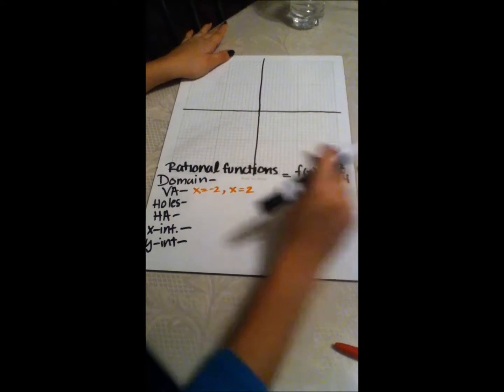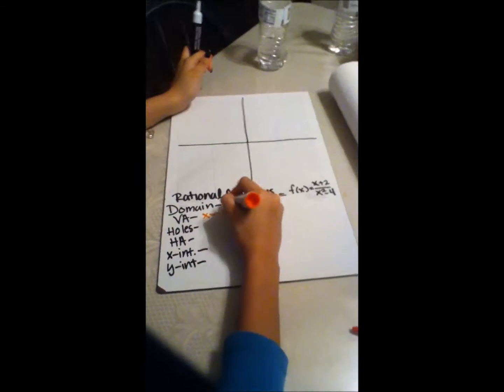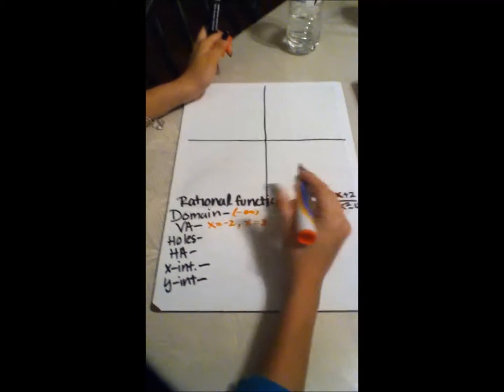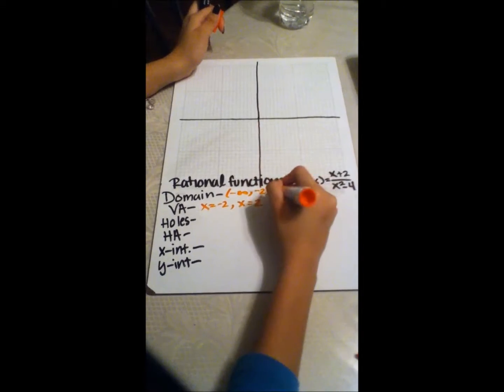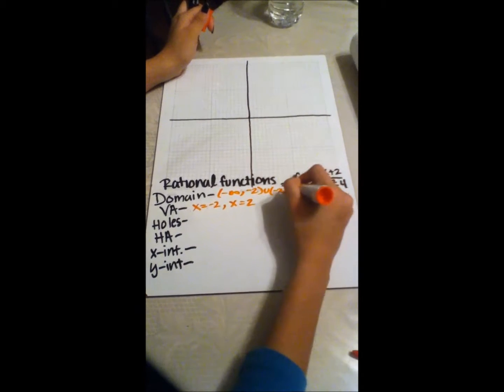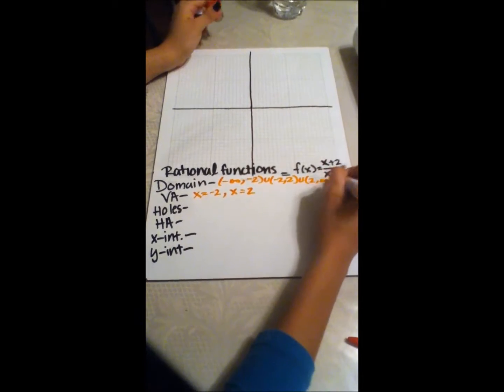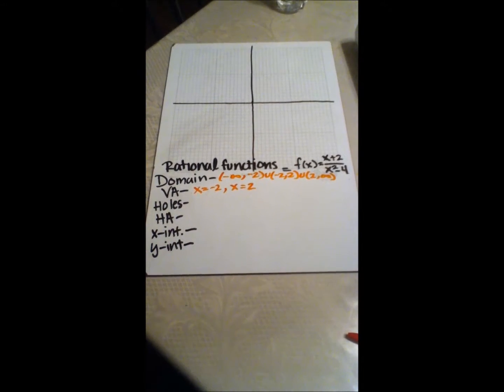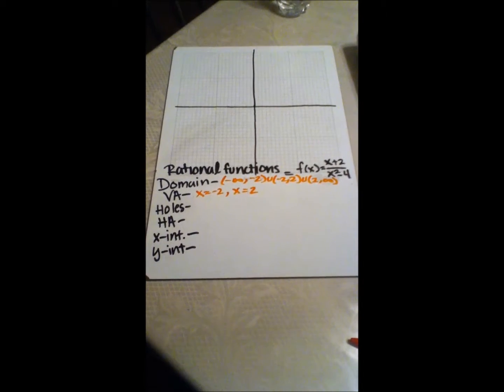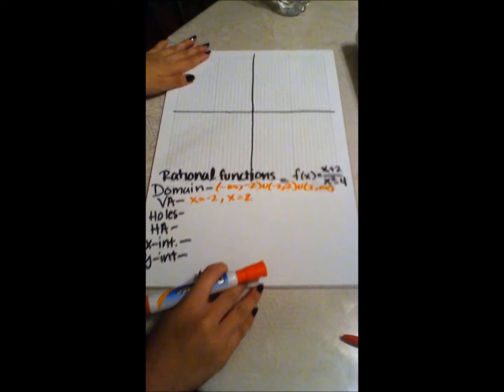So let's do negative infinity to negative 2, union, negative 2 to positive 2, union, positive 2 to infinity. As soon as we got our domain and our vertical asymptotes, we can start graphing it.